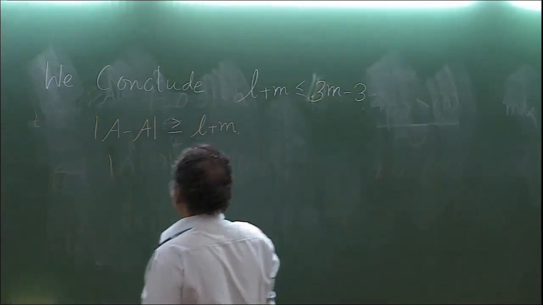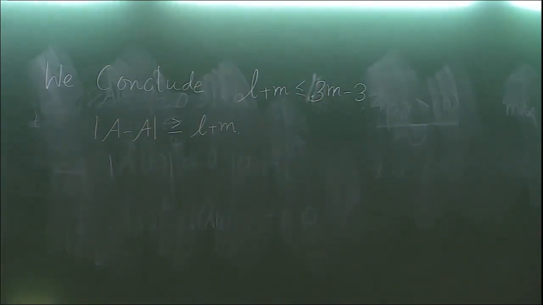L plus M is less than 3m minus 3 and the cardinality of A minus A is bigger than or equal to L plus M. Little n is 0.318, that is the cardinality of A.